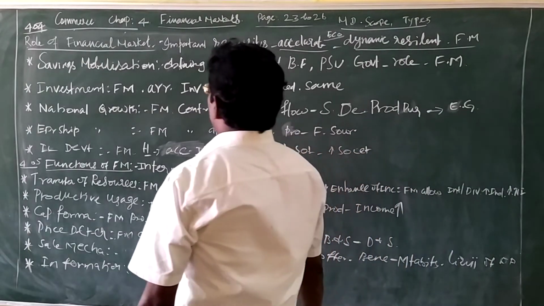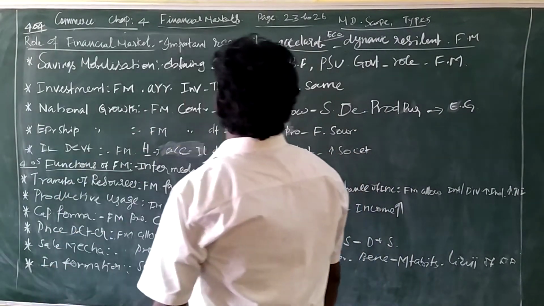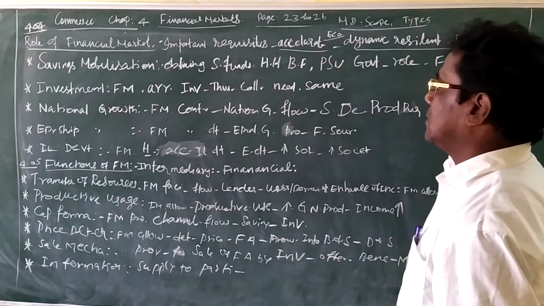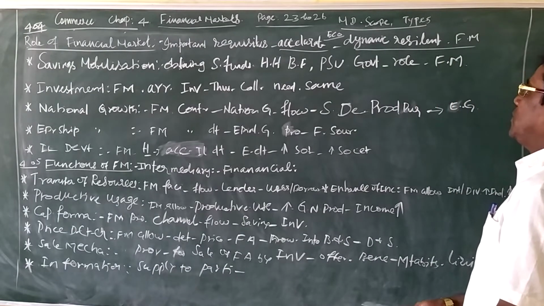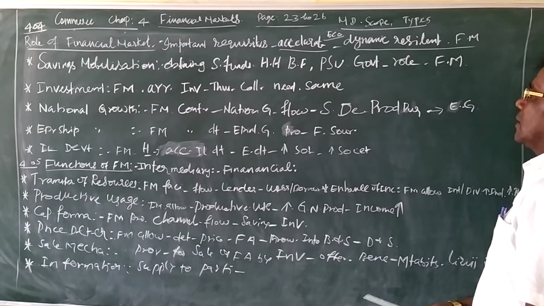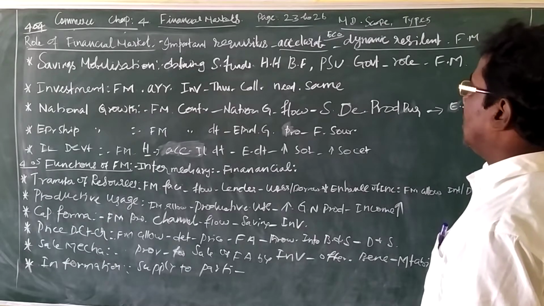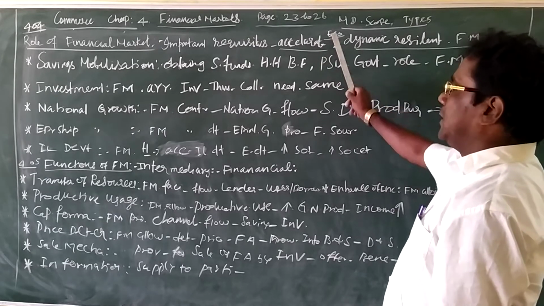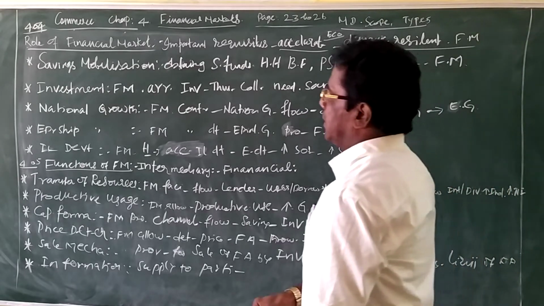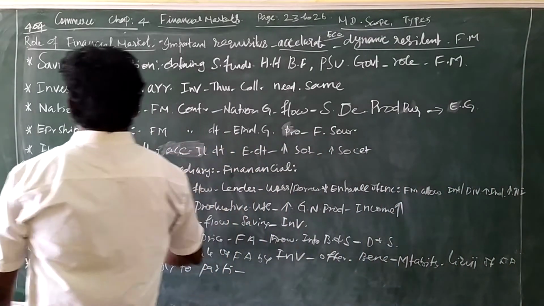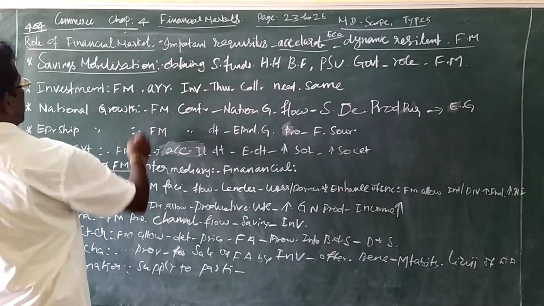The following are the roles played by the financial market for the acceleration of economic development. The important role played by the financial market for the acceleration of economic development is in the following ways. Number one, savings mobilization.